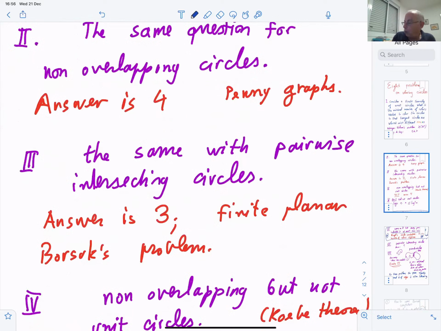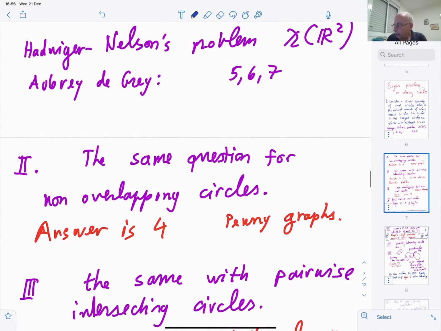Now you can ask the same question, but this time with unit circles. If they are non-overlapping unit circles, then it is 3, no, it's 4.